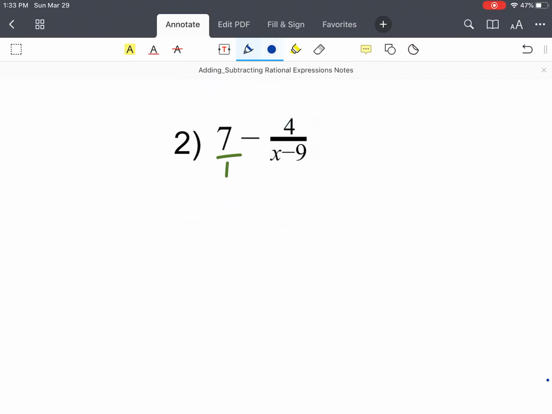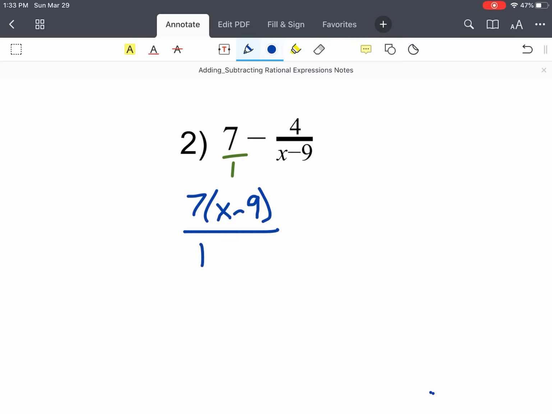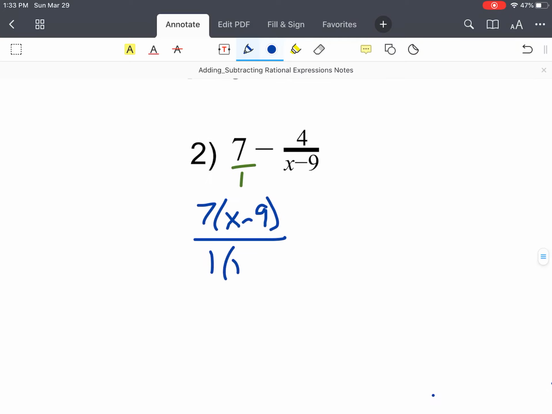Now, in order to do that on the left term, there's the 7, I have to multiply by x minus 9 on top and by x minus 9 on bottom. Okay, and then minus 4 over x minus 9.